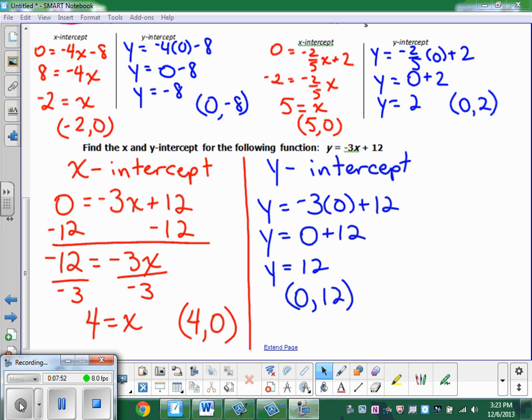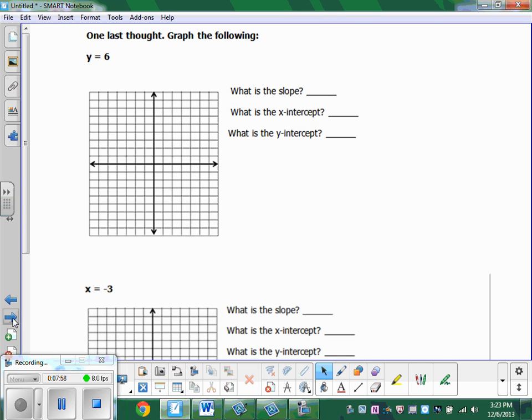Let's take a look at one more interesting occurrence. Let's create the equation y equals 6 as a graph. This is interesting. Let's expand it into slope-intercept form. Right now, all we have is a coefficient.